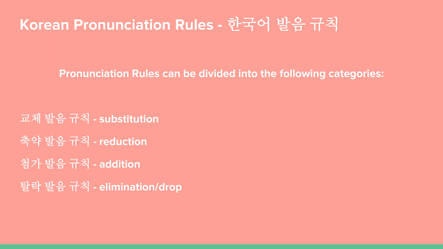And now I will explain each category one by one so that you will get the general idea of what substitution is, what reduction is, and what kind of pronunciation rules are in the substitution, reduction, or addition category.